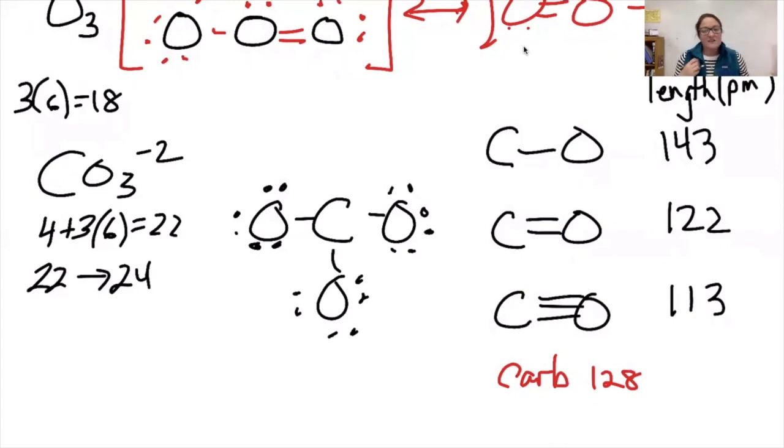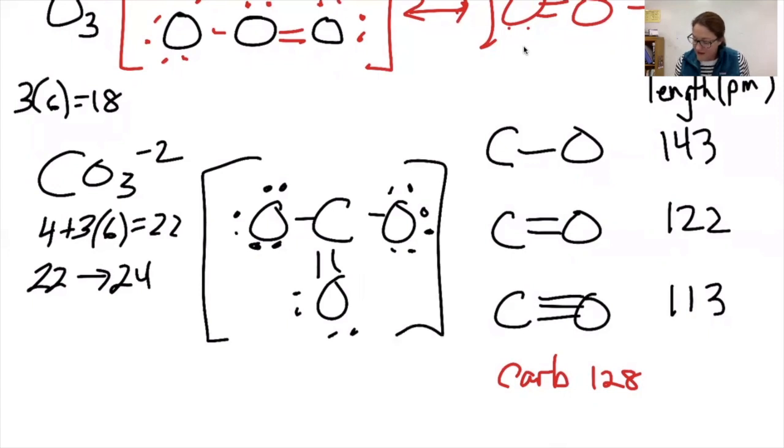I'm done with electrons, but carbon's not happy, so I need to double bond one of the oxygens. It doesn't matter which one. And this is one of my 3 resonant forms of carbonate. Why 3 resonant forms? Because I could have double bonded any of the 3 oxygens.